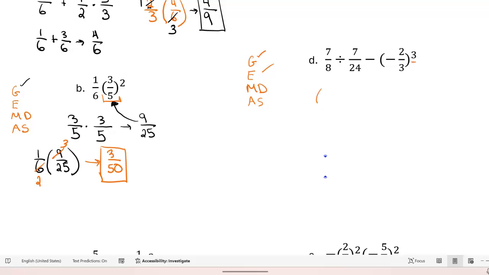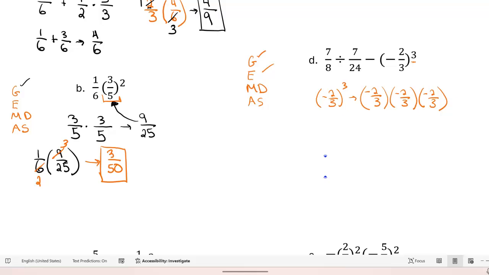So I am pulling out my negative 2/3 cubed. Well, my base is negative 2/3. I am multiplying 3 of those together. As usual, I'm going to go ahead and figure out what the sign of my answer is.